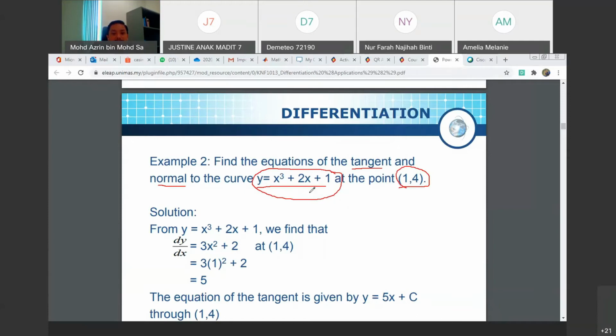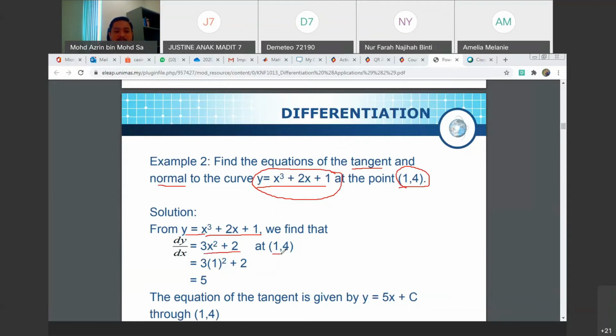You can find it by using the steps that I showed you before. First step, find dy over dx and then insert into the tangent line equation or formula. Then find the m1, which is the normal slope. Then you find the normal line equation or formula. When you differentiate the equation of this curve, you will get 3x squared plus 2.